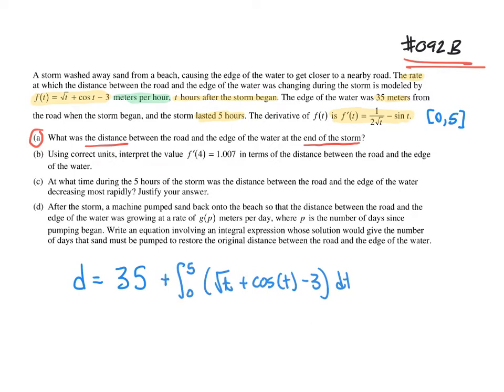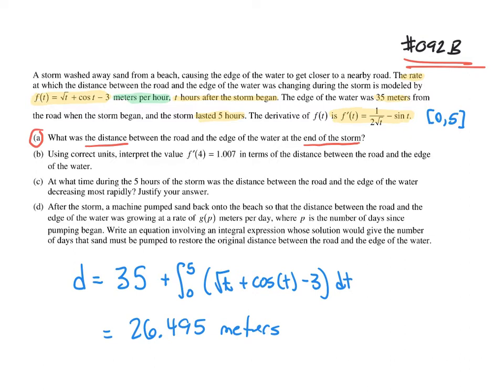And we're allowed to use a graphing calculator, so I've just typed this expression into my graphing calculator, and I'll round it off to 3 decimal places, and this came out to be 26.495 meters. So roughly speaking, we lost about 8.505 meters of distance.